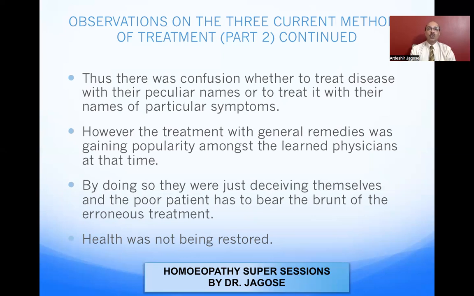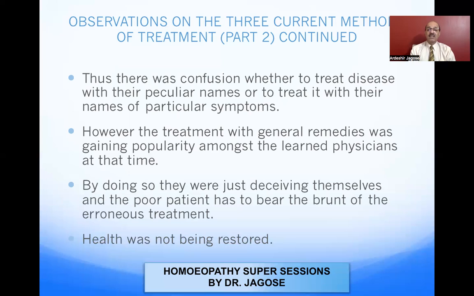So the orthodox school of medicine, which was quite popular amongst all the other different systems of medicines, used to give the treatment of different diseases by the name of the disease. So general remedies were used.